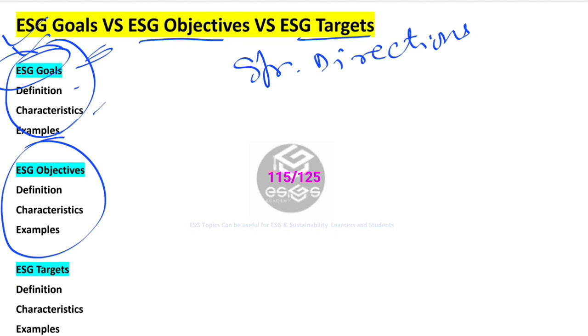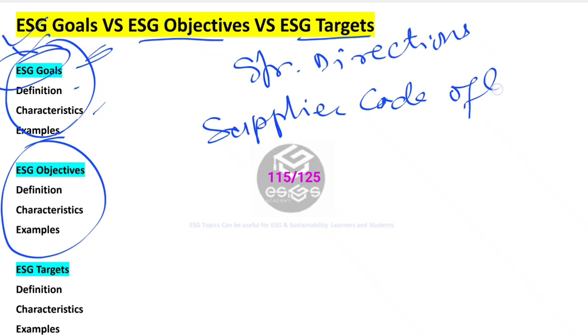Reduce greenhouse gas emissions, let's say by 30% by 2030 through energy efficiency projects. Increase gender diversity in senior management positions to 40% within the next 5 years. Also, implement a comprehensive supplier code of conduct aligned with international labor standards by the end of next year.